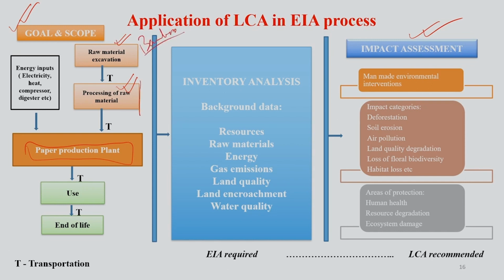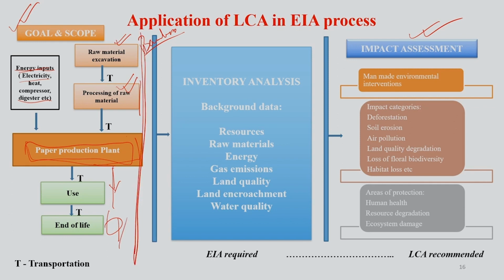Then you process it, then you go to a paper production plant unit, then you produce paper, you use it, and finally comes the end of life of the product. While doing so, we definitely need energy in different forms, and also various other inputs to come out with this ultimate product, then use and then finish. So, the entire life cycle.